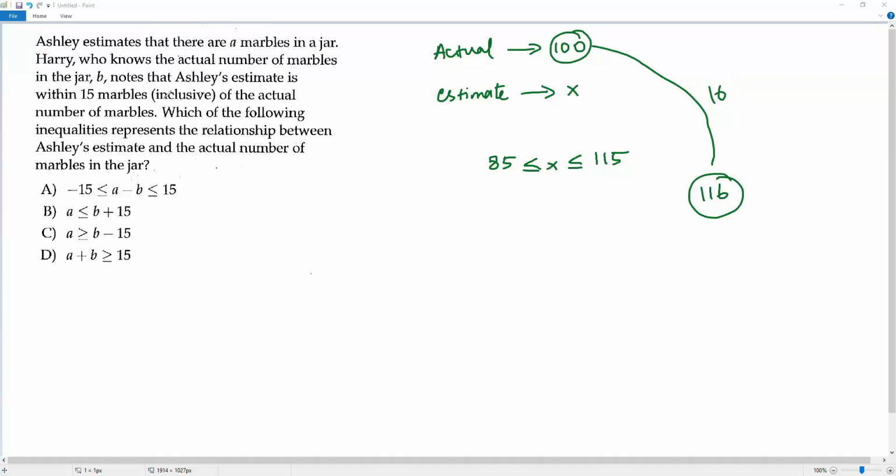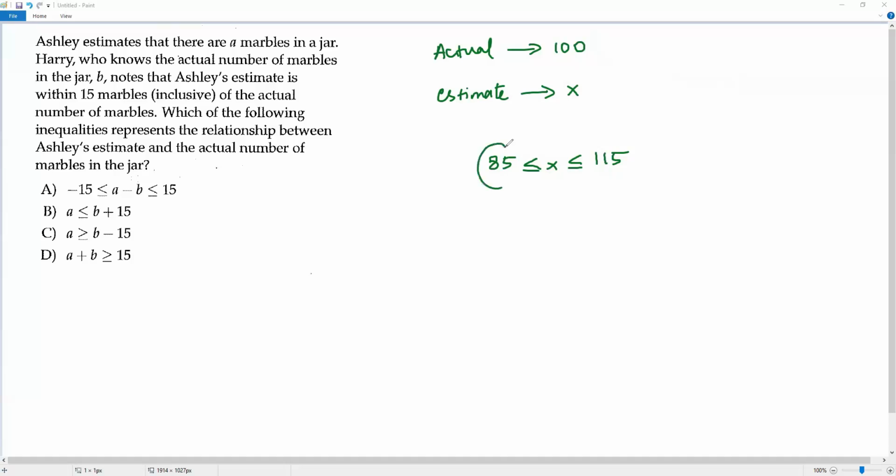So it breaches the condition given in the question. Because the estimate has to be within 15 marbles, 116 is greater than the maximum value, so it does not meet the condition. So the maximum of my estimation can be 115, and it cannot be more than 115.